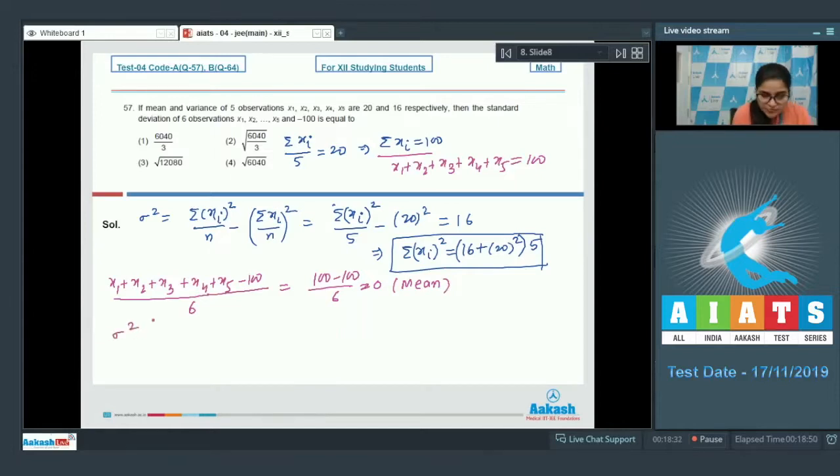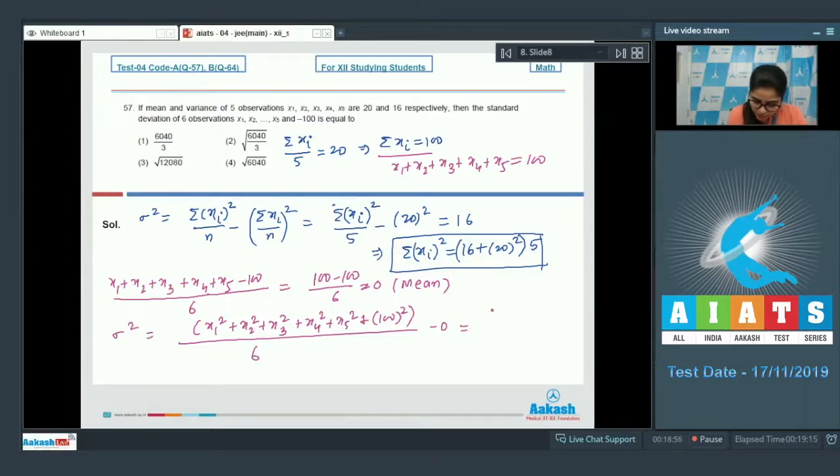Now, variance is (x1 square plus x2 square plus x3 square plus x4 square plus x5 square plus 100 square) divided by 6 minus 0. So, just write down (16 plus 400 multiplied by 5 plus 100 square) divided by 6.